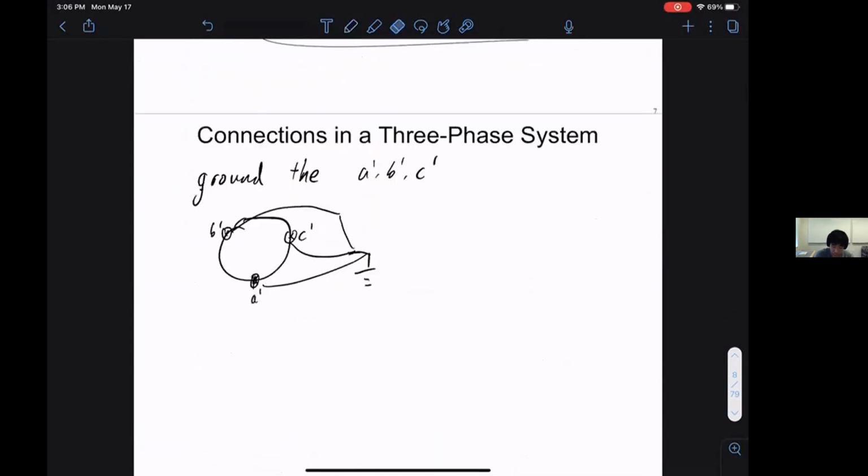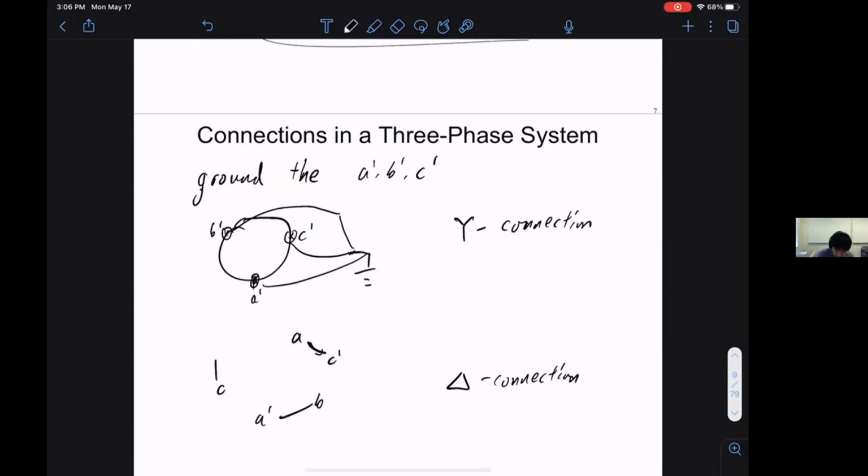So we can ground them, and this is called the Y, for obvious reasons: they look like a Y when you connect them all together. Or we can have something called a delta connection. This connects A to C prime, B to A prime, and C to B prime.